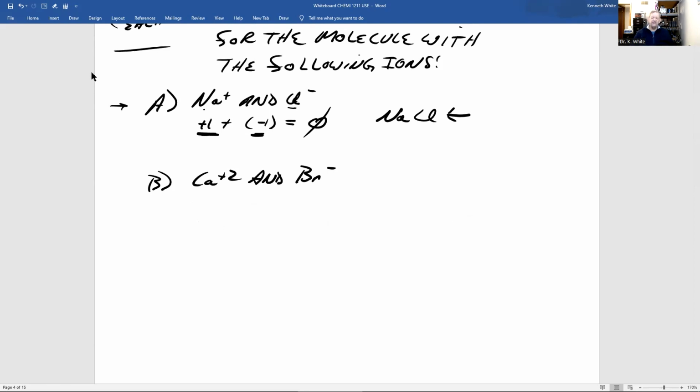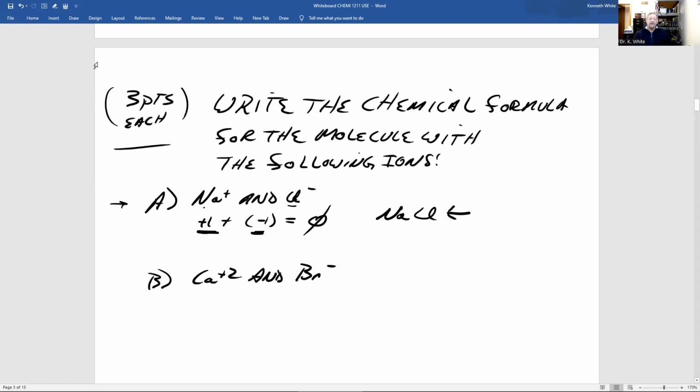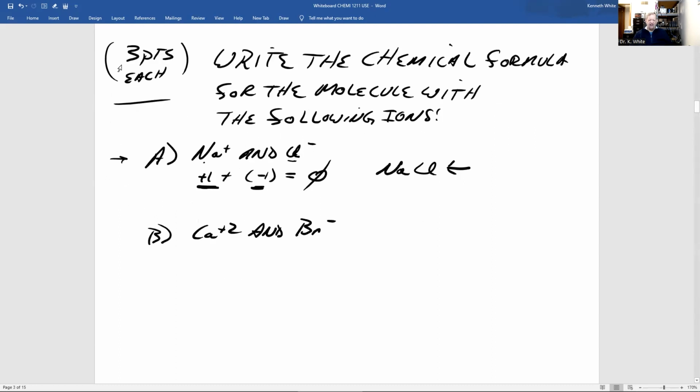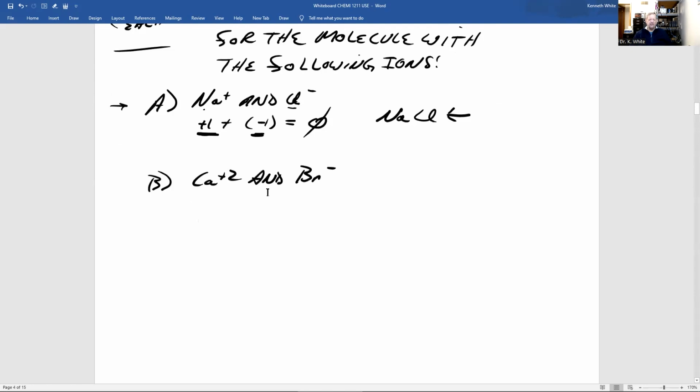And let's do the next problem. Part B, write the chemical formula for the molecule with the following ions. Calcium +2, bromine, called the bromide ion, -1. So each calcium has a +2. Each bromine has a -1. If I have one of each, does that add up to 0?